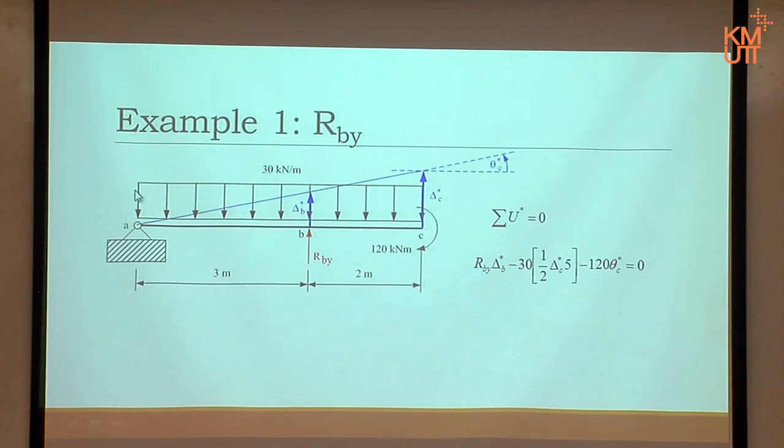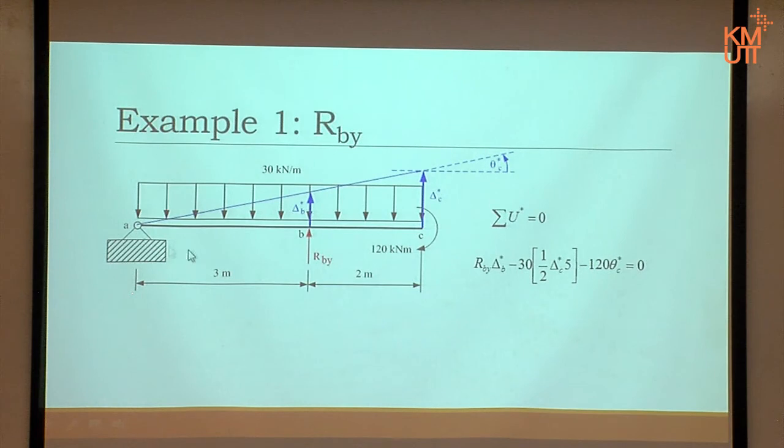Now, the distributed load, this whole distributed load, its magnitude is 30. How do we calculate it? Do you remember? It is the magnitude of the distributed load, W, times the area of the displacement shape, right? The area of displacement shape, then the black upward here, and then the blue triangle.